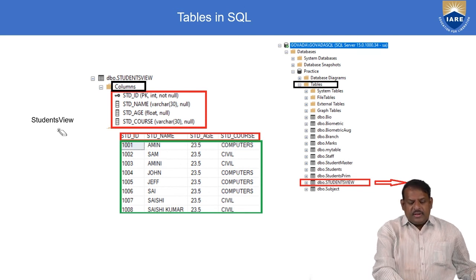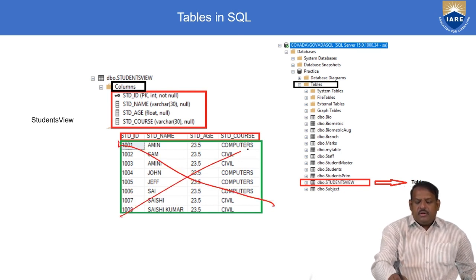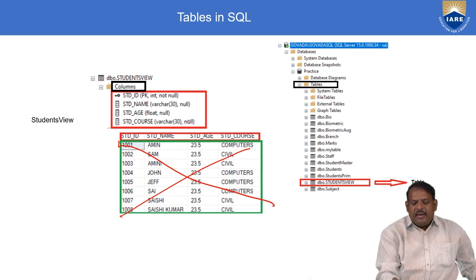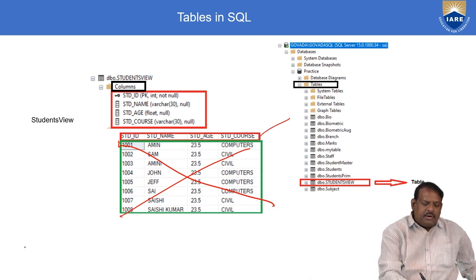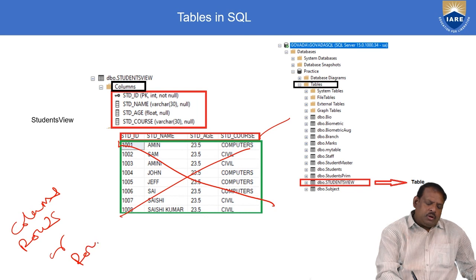So this is the student view table. std_id, name, age, course are the columns. 1 to 8 are the rows. So a table consists of rows and columns.